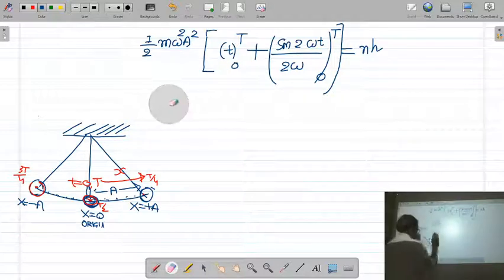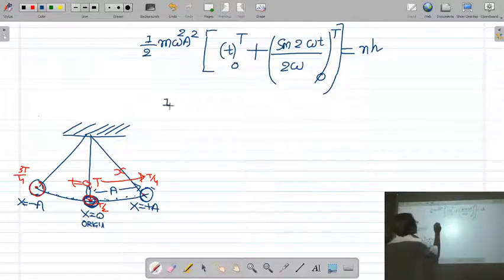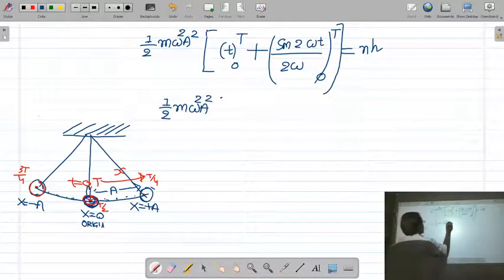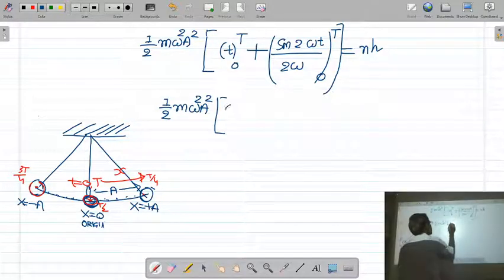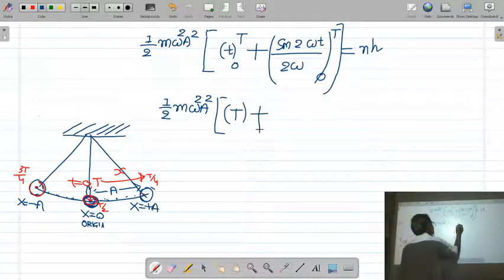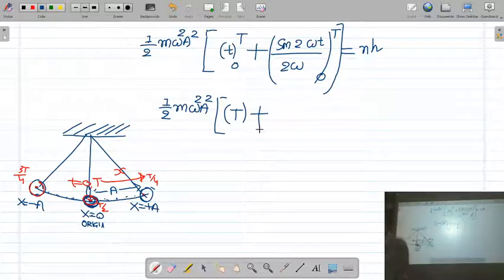So 1 by 2 n omega square a square. If you put the limit here, then the upper limit is T minus the lower limit 0, so that is T only. Plus, in the second step, it is going to be 0. See, I explain how the second term is going to be 0.